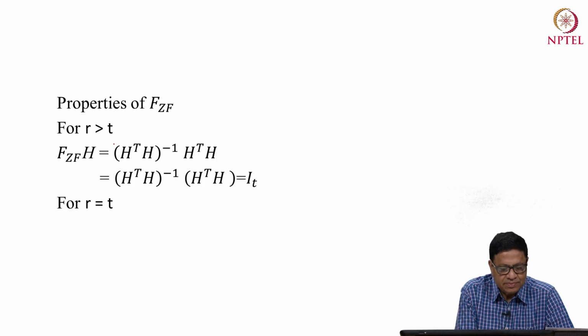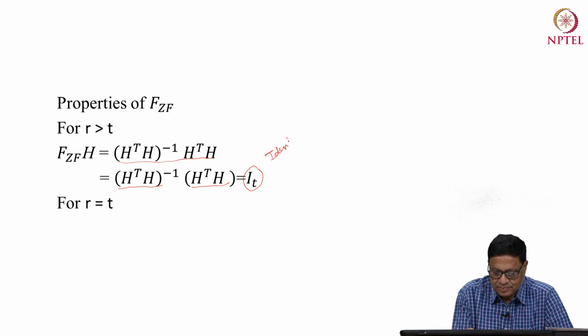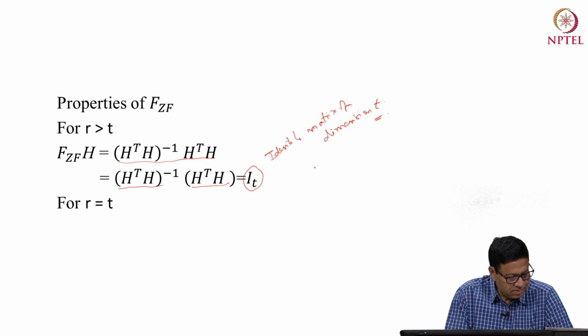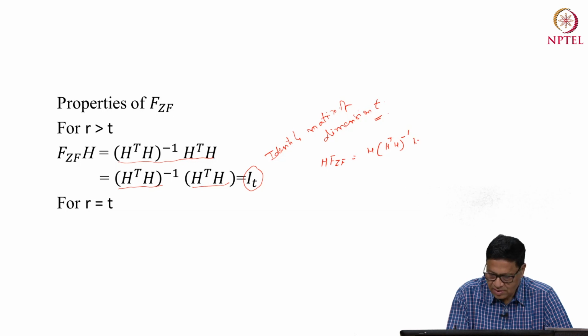For R greater than T, if I multiply this F_ZF by H in this way, I see that this is nothing but the identity matrix of dimension T. And if I take H F_ZF, this will be H (H^T H)^-1 H^T, and this is not equivalent to identity.